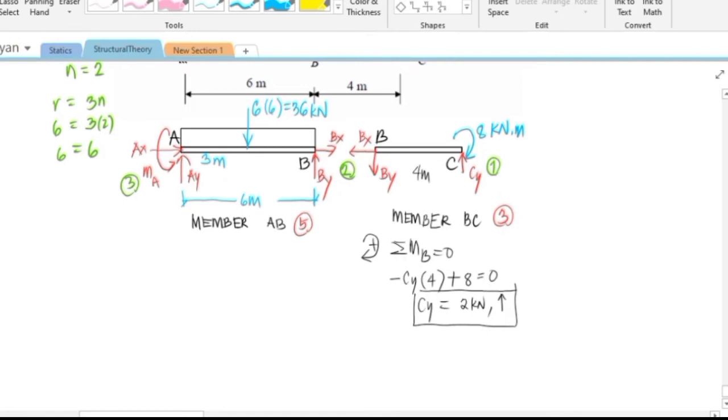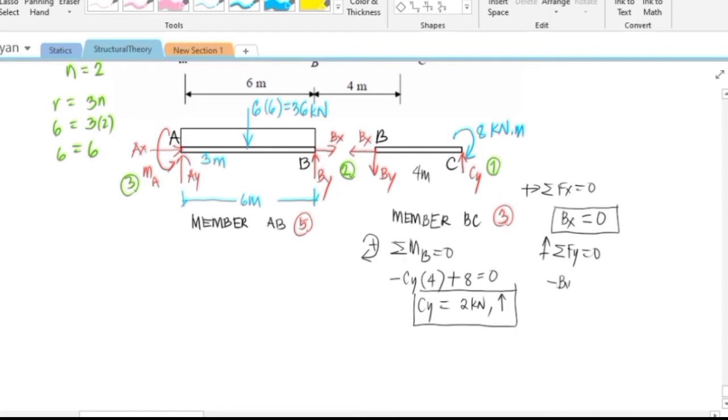Now, in order for us to solve for the BX, we are going to summate forces horizontal is equal to 0, taking the direction to the right as positive. So, makikita natin dito, si BX lang yung nag-iisang horizontal force natin sa member BC. Therefore, BX is equal to 0. So, solving for the value of the BY, summation of the forces vertical is equal to 0, taking the upward direction as positive. So, makikita natin dito that BY is assumed downwards.